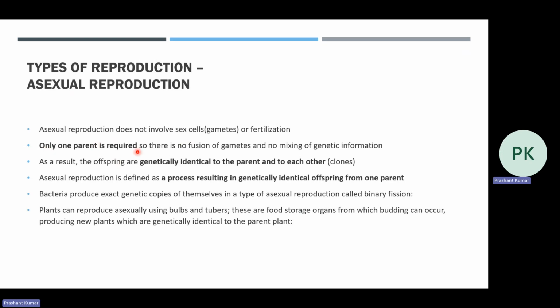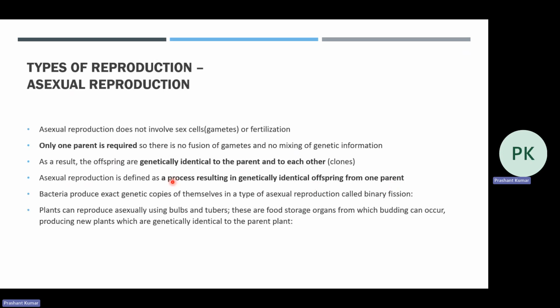So only one parent is required, there is no fusion of gametes, and there is no mixing of genetic information, because a single parent is sufficient to produce the new organism. The organisms produced are genetically similar, 100% identical to the parent cells. That is why we define asexual reproduction as a process resulting in genetically identical offspring from one parent.